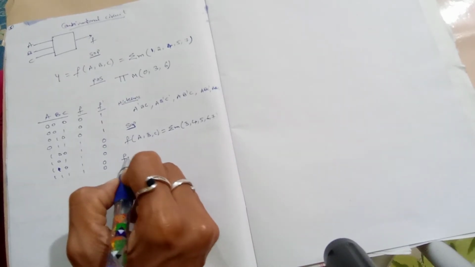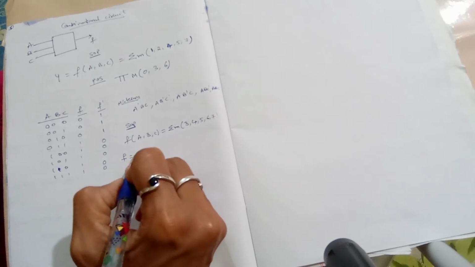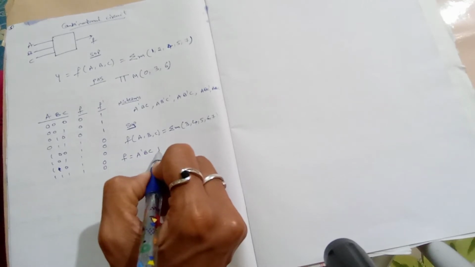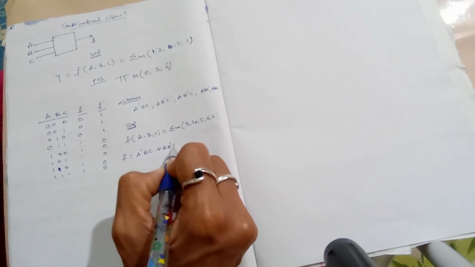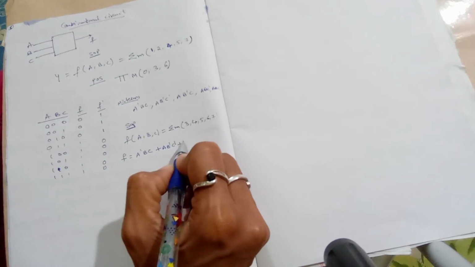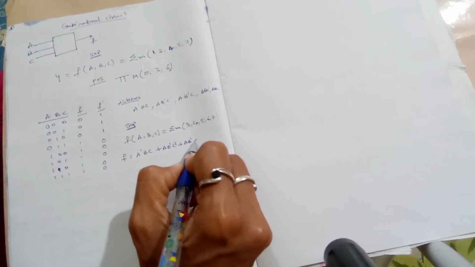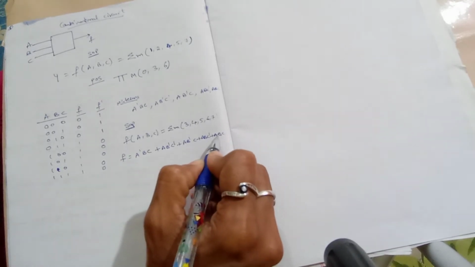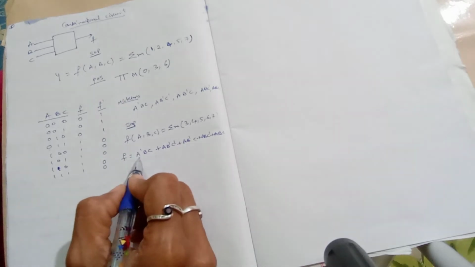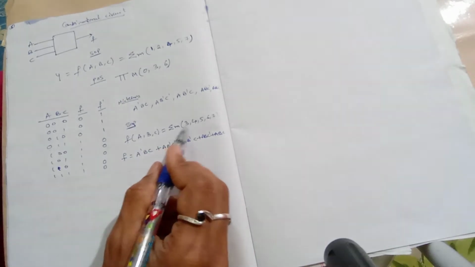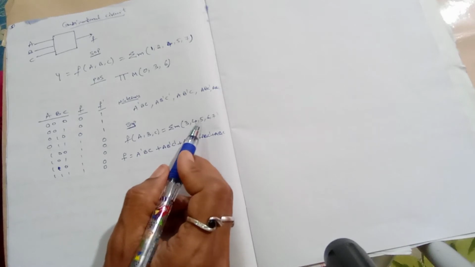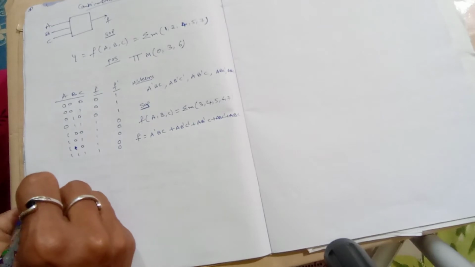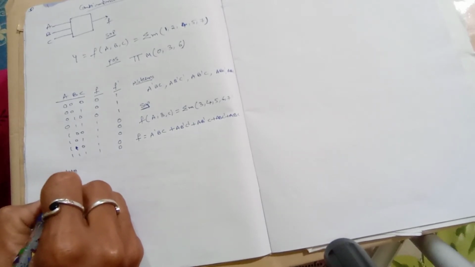Now the function F is, this is A bar B C or with A B bar C bar plus A B bar C plus A B C bar plus A B C. This is the function, and by this we'll get the SOP, that is min terms 3, 4, 5, 6, 7. Now from this truth table again we can write the max terms.